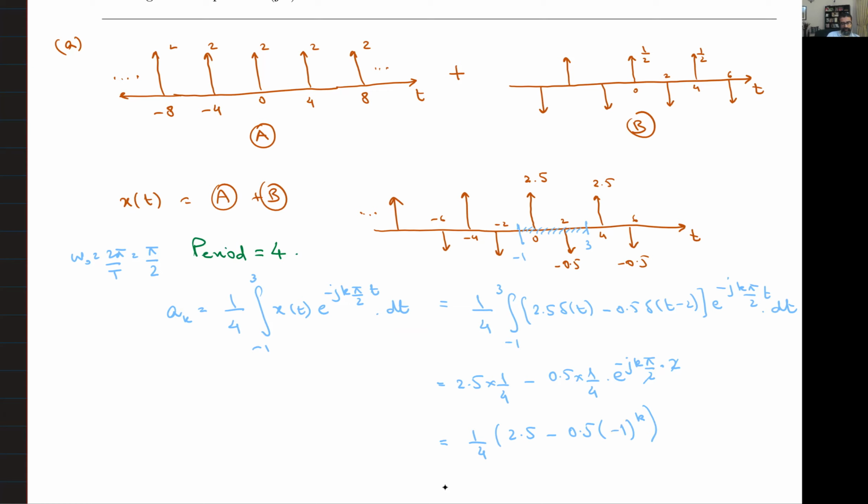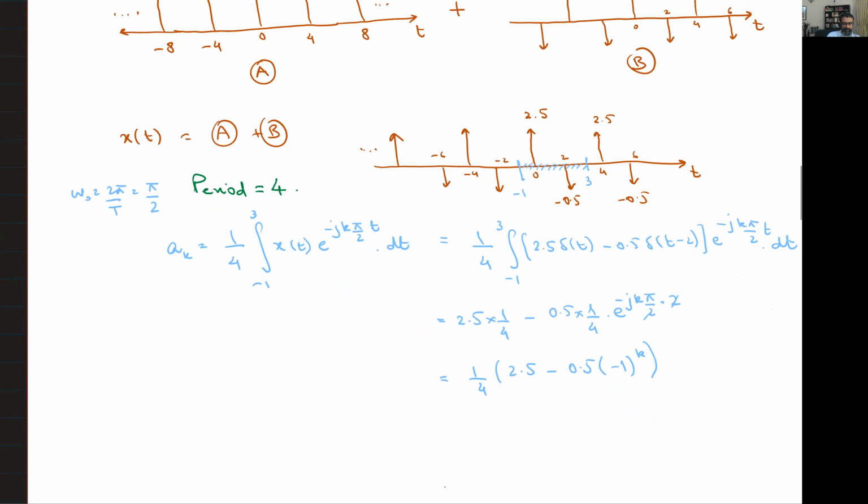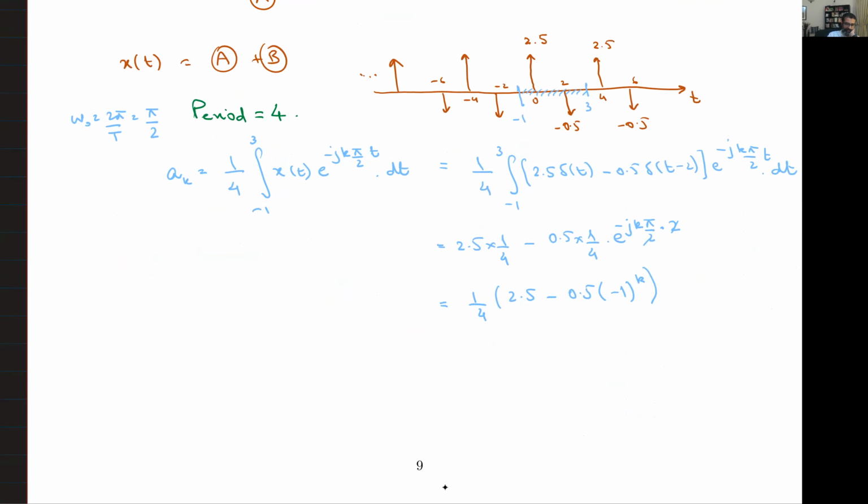And if I want to simplify this a little more, because this is related to one of the problems that the student asked me, this is 1 by 4 times 2.5 minus 0.5 when k is even, and this is equal to 1 upon 4 times 2.5 plus 0.5 when k is odd.